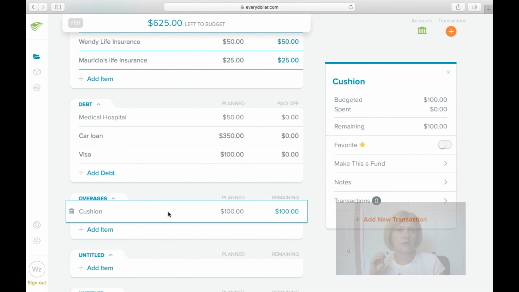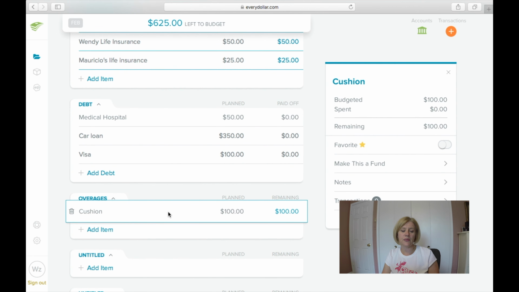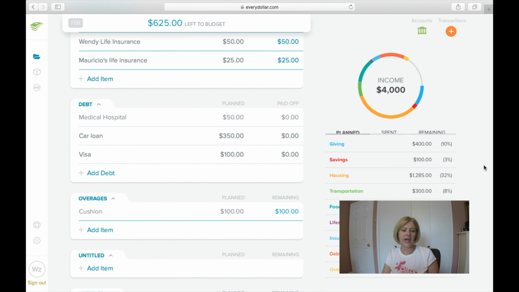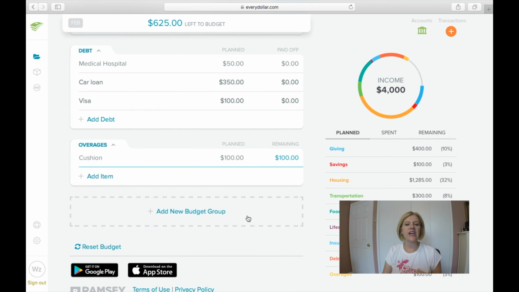So this is how I plan for it. I put a cushion in right there. And then as the month goes on and we start spending money and things come up, I actually create new subcategories here. Okay, so now you see we have $625 left to budget.